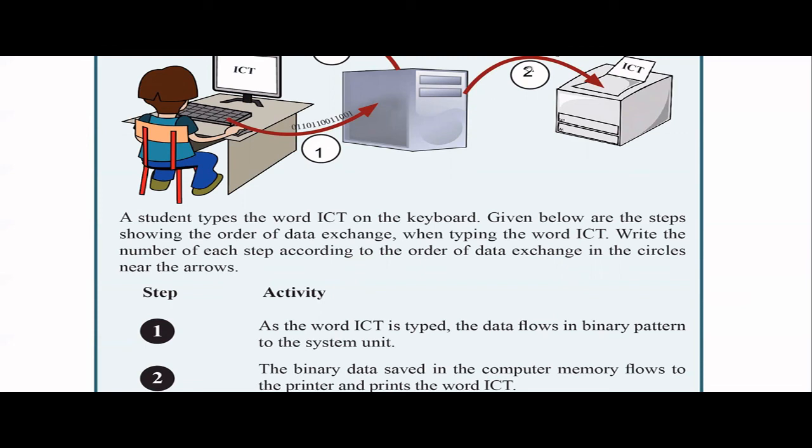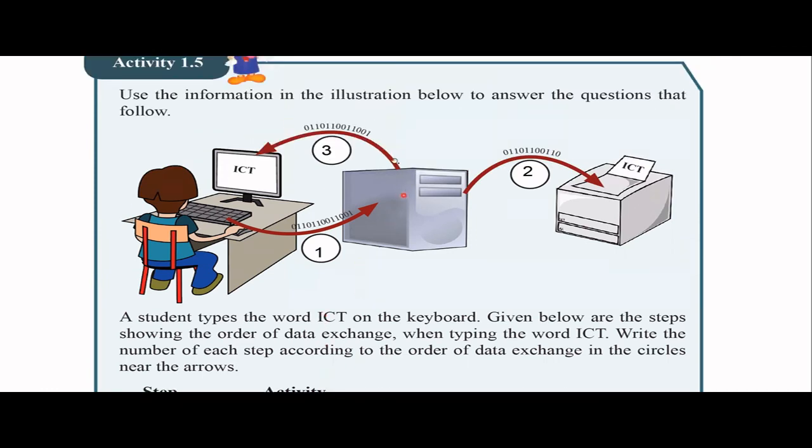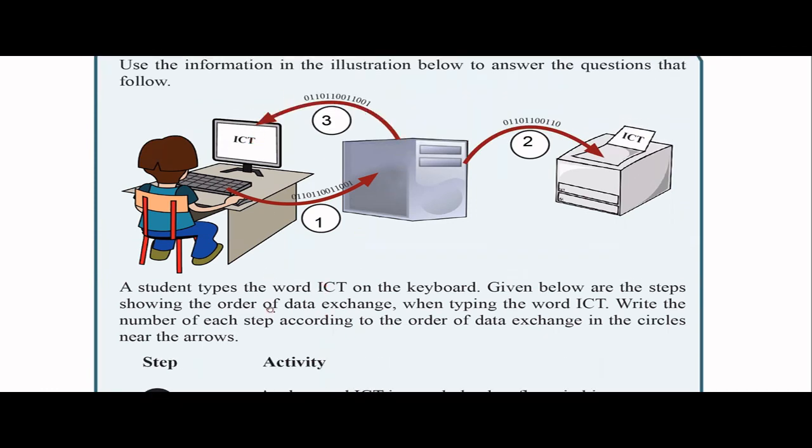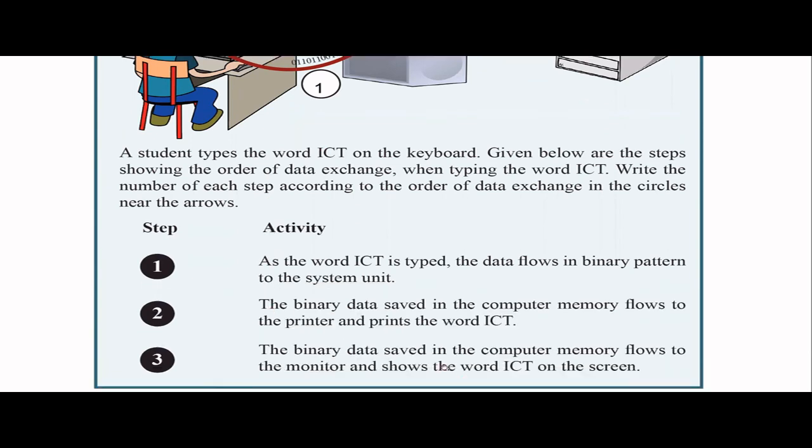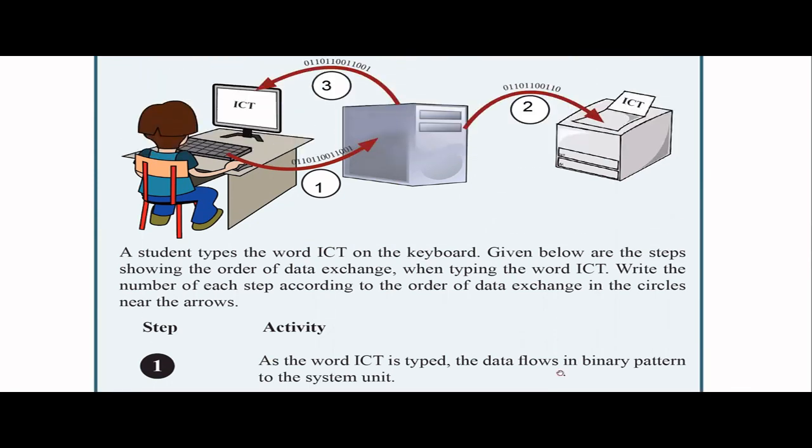That is why here it's number 2: the binary data saved in the computer memory flows, there's a conversion to decimal, and then only it will be sent with the word ICT. And finally, there is the arrow from the system unit to the monitor. That is step 3: the binary data saved in the computer memory flows to the monitor and shows the word ICT on the screen. There is a conversion that happens.